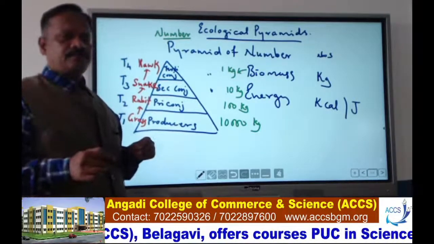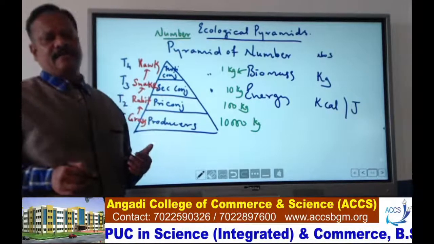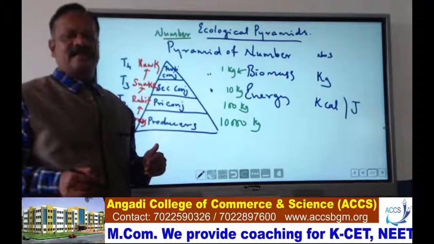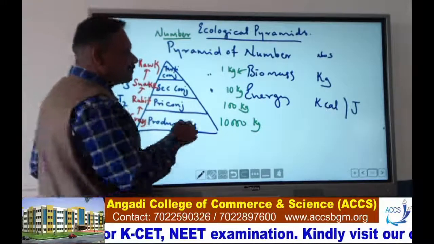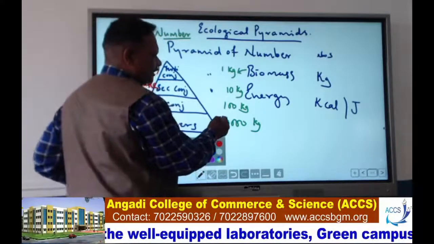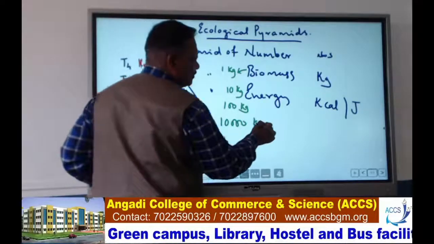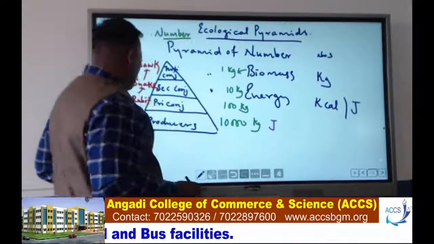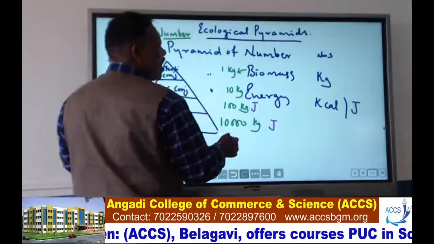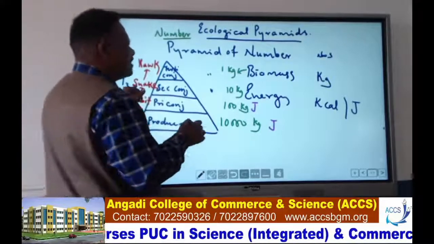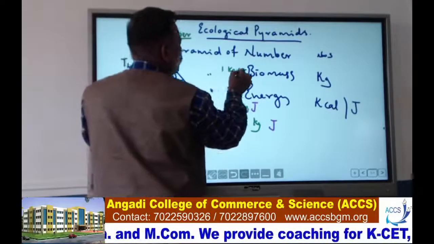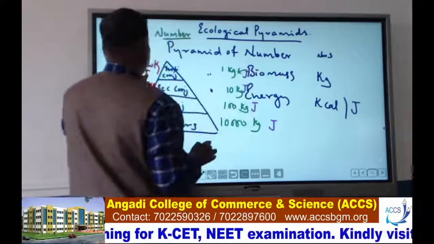If the energy is being calculated, energy is always calculated in kilocalories or joules. These are the units. Now see, 10,000 joules of grass, then 100 joules of rabbit, then 10 joules of snake, then 1 joule of hawk.